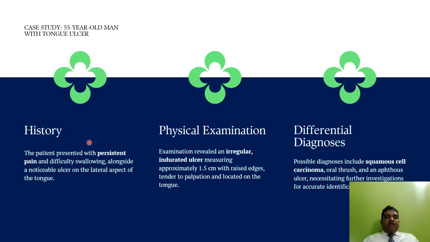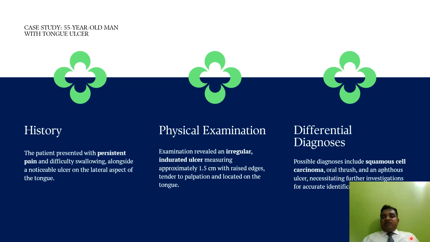History is usually important: persistent pain and difficulty in swallowing alongside a noticeable ulcer on the lateral aspect of the tongue. Physical examination revealed an irregular indurated ulcer measuring approximately 1.5 centimeters with raised edges, tender to palpation, located on the lateral part of the tongue.